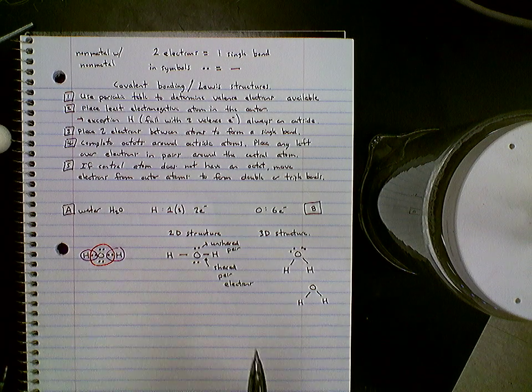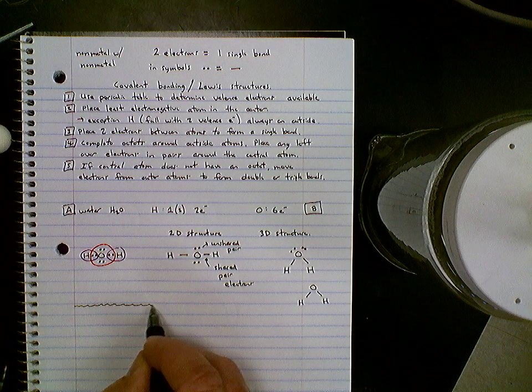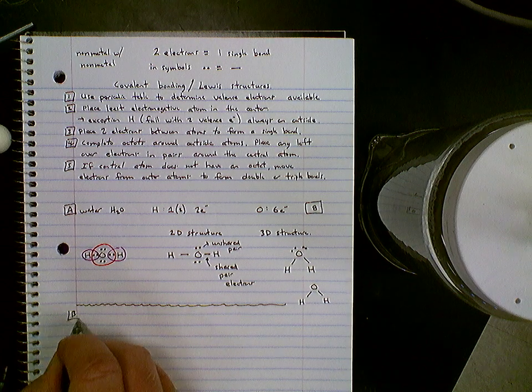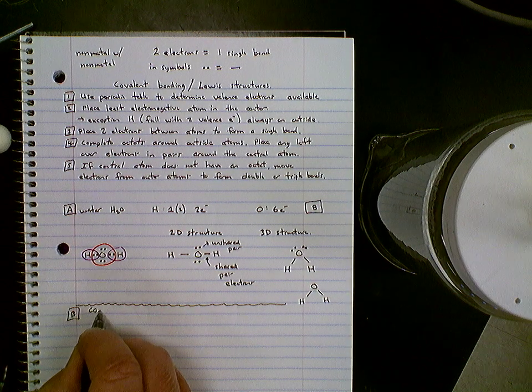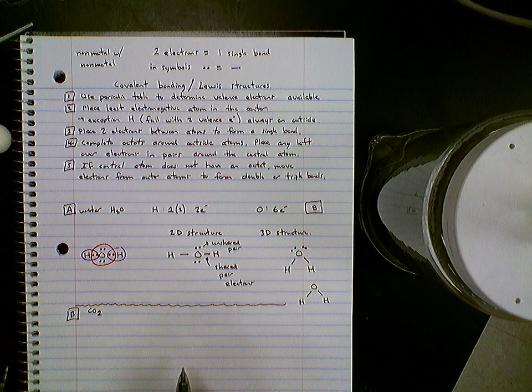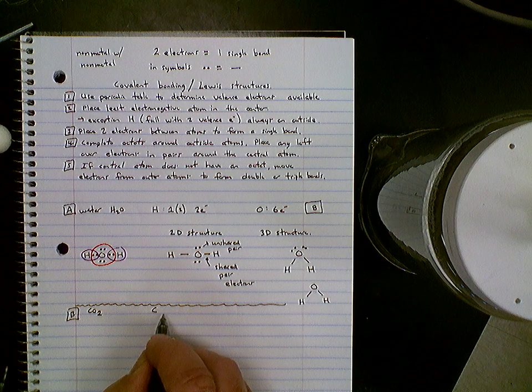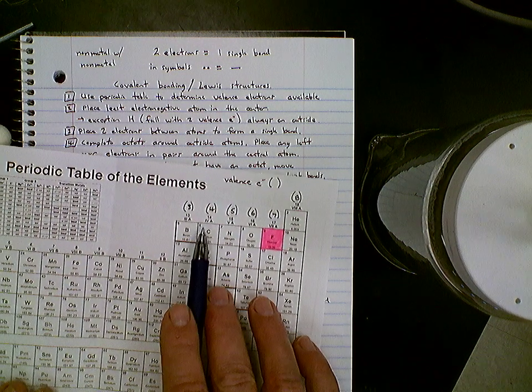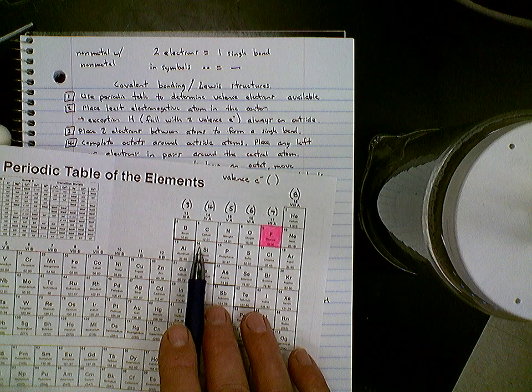The next one we're going to do is carbon dioxide. And so that's B and that is CO2. Again, we determine the number of valence electrons available, starting with carbon, which according to the periodic table is in group 14 and it has 4 valence electrons.